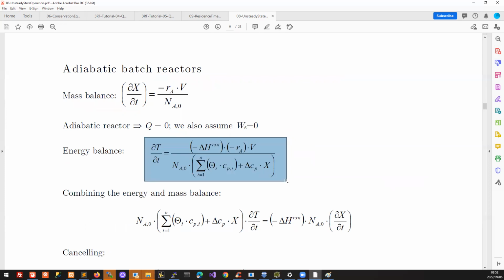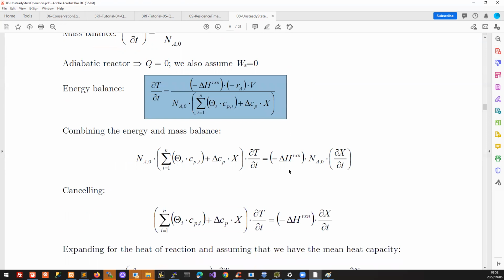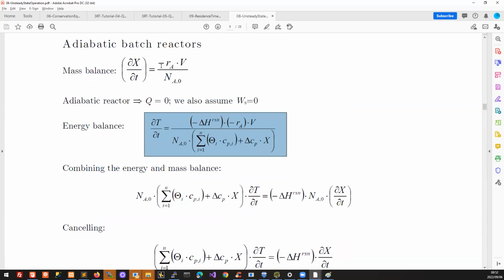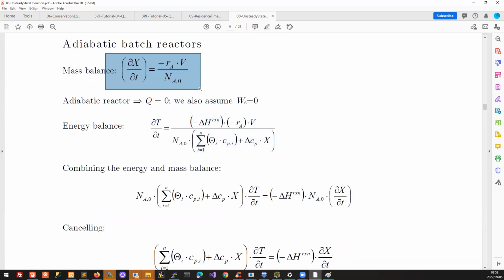And then if you look at this and compare it with the material balance here, you can see that you've got r_A V over N_A0. So here you've got r_A V over N_A0, right? You've got r_A V and N_A0 here, which is the right-hand side of dX/dt.